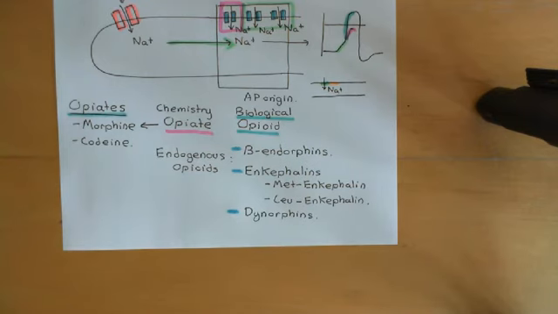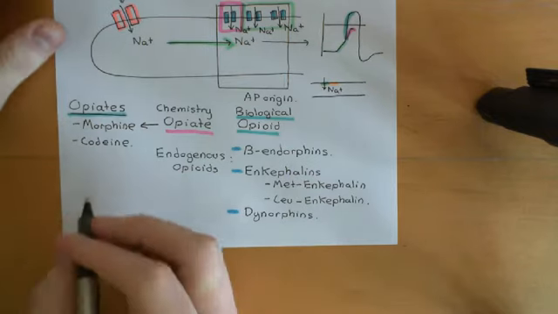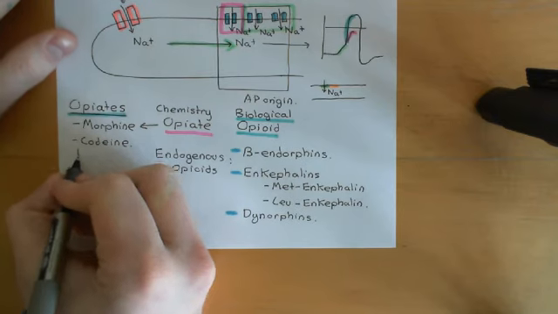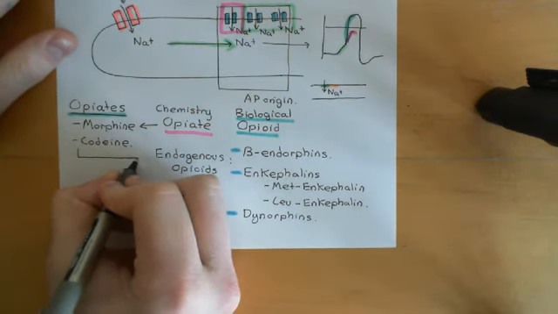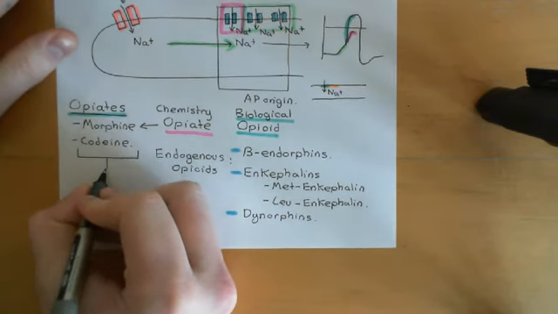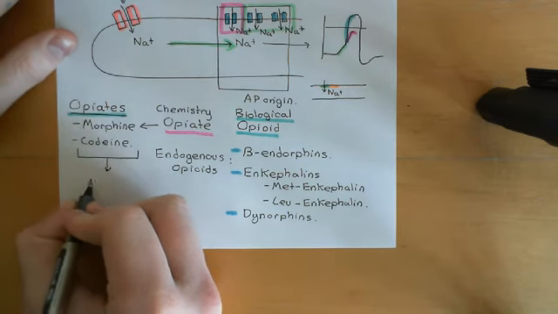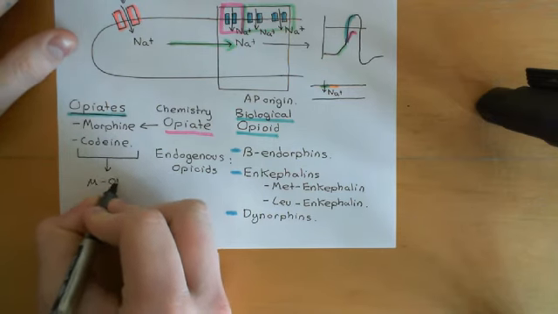So, let's talk about what morphine and codeine are agonists for. They bind to a specific receptor. The main way in which morphine and codeine achieve their action is by binding to a receptor known as the mu-opioid receptor.